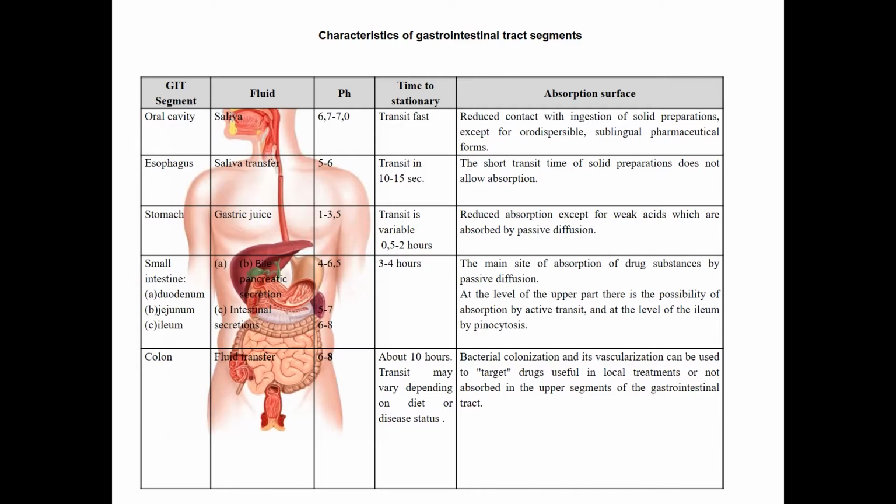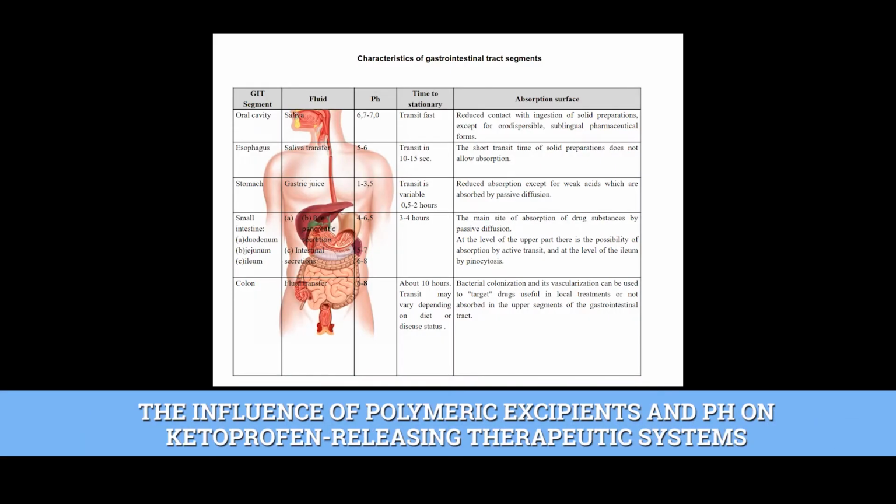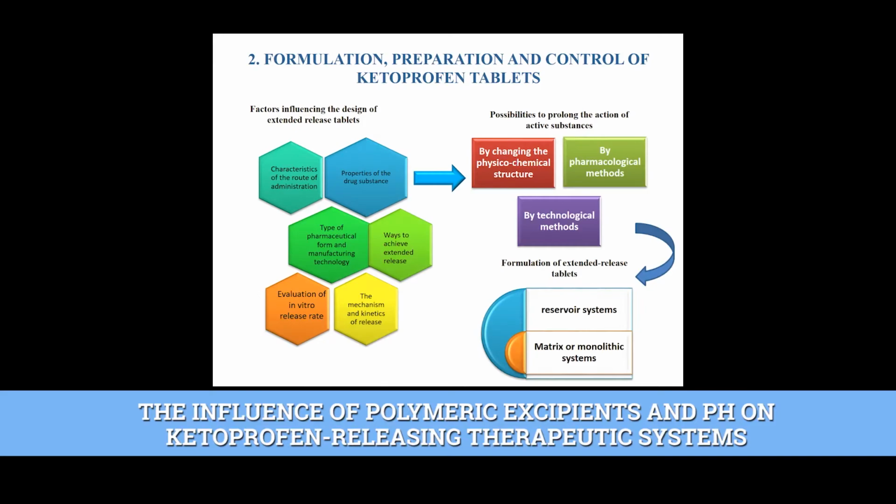In this slide, in the table, are presented some characteristics of the gastrointestinal tract, and the most important for compressed tablets are the transit time, or the time of stationing in different areas, and the absorption surface.